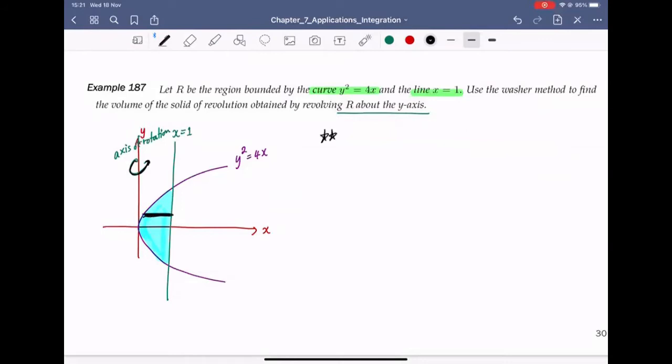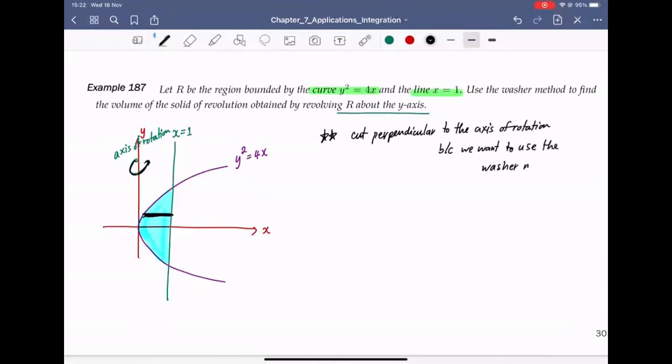So cut perpendicular to the axis of rotation, because we want to use the washer method.